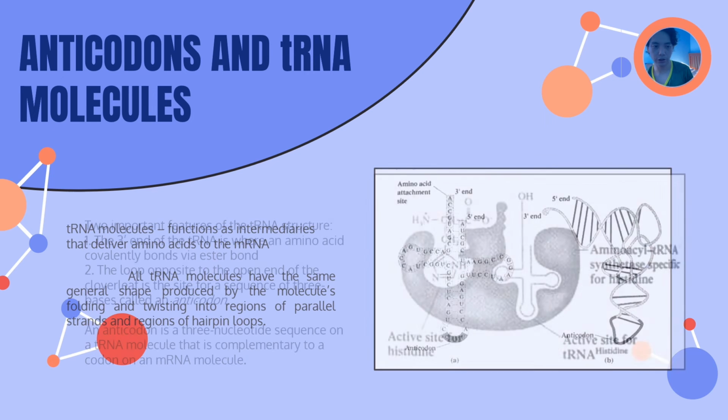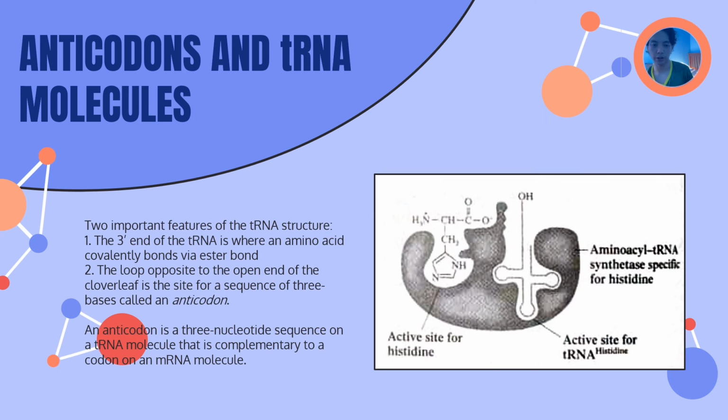Two features of the tRNA structure are of particular importance. The 3' end of the open part of the cloverleaf structure is where an amino acid becomes covalently bonded to the tRNA molecule through an ester bond. Each of the different tRNA molecules is specifically recognized by an amino acid tRNA synthetase enzyme.